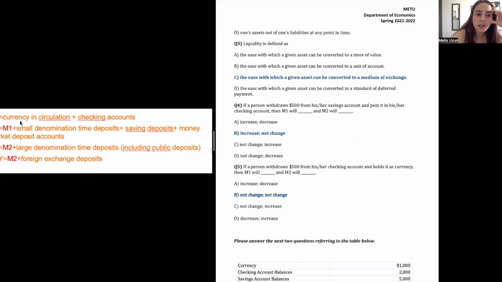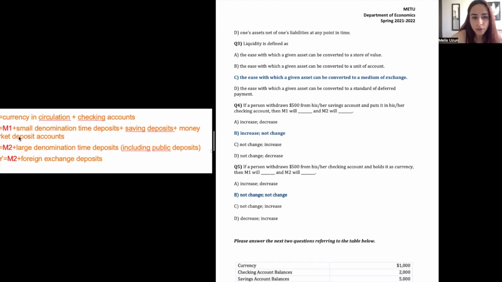M1 is equal to currency in circulation plus checking account. So if this person puts the money in his checking account, M1 will increase. But this person withdraws this money from his savings account.